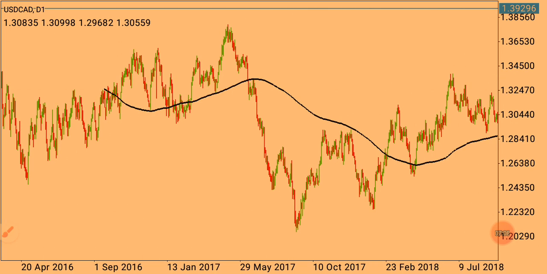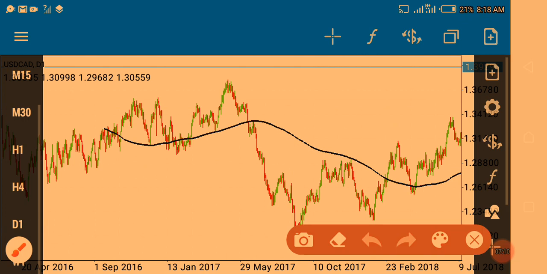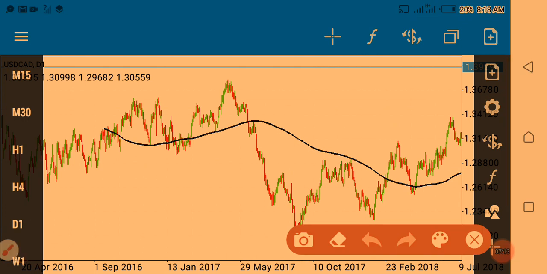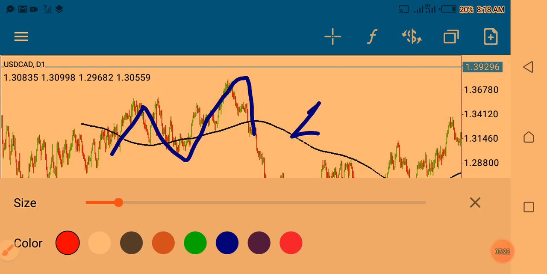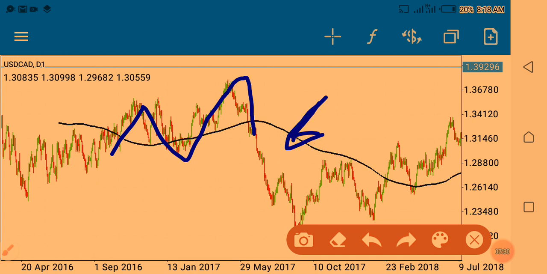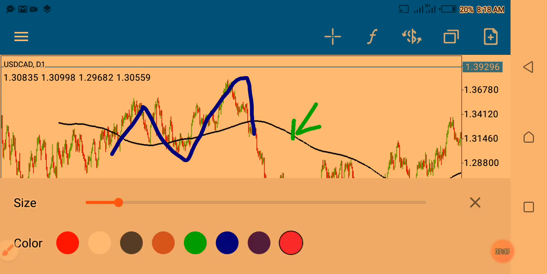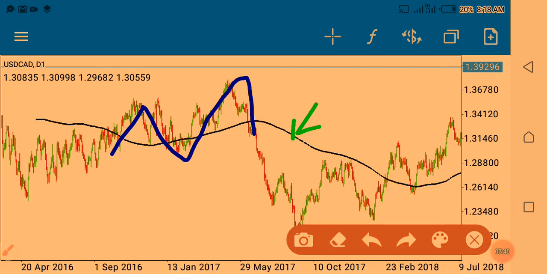This is price right now, see how it's playing. When price broke below this 200 moving average, you see it became a nice sell setup.